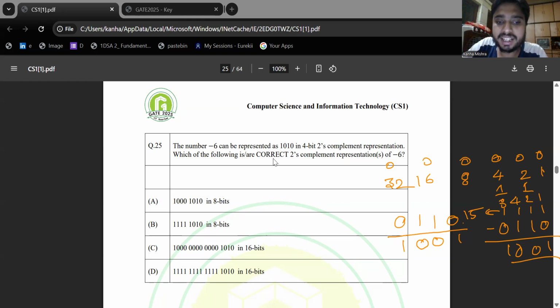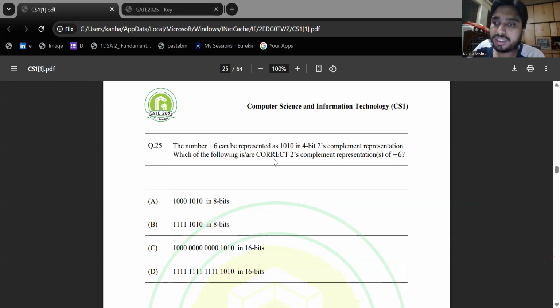What else do I need? I can add an extra 1 to this. So the binary representation of 6 is 0110. By subtracting from the all-set-bit number, it will be 1001.